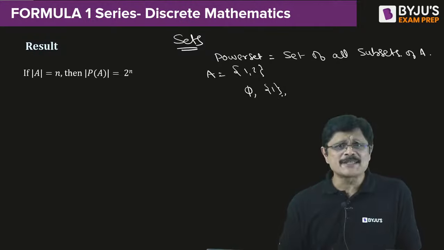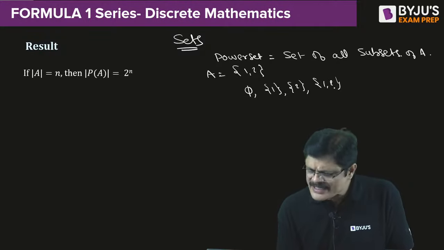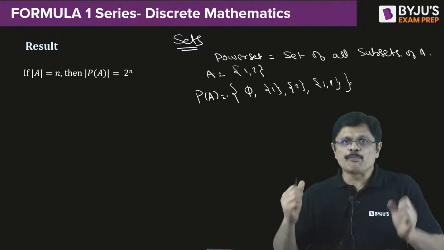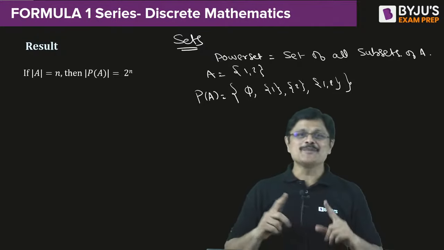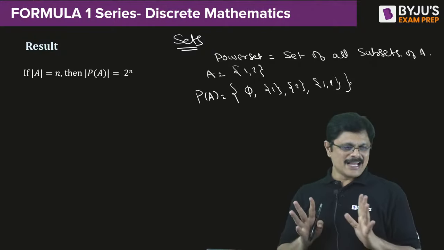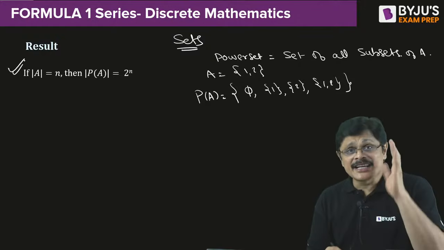Singleton set 1 is a subset. Singleton set 2 is a subset. Again, the entire set is a subset. If you put all of them in a set, that becomes the power set.